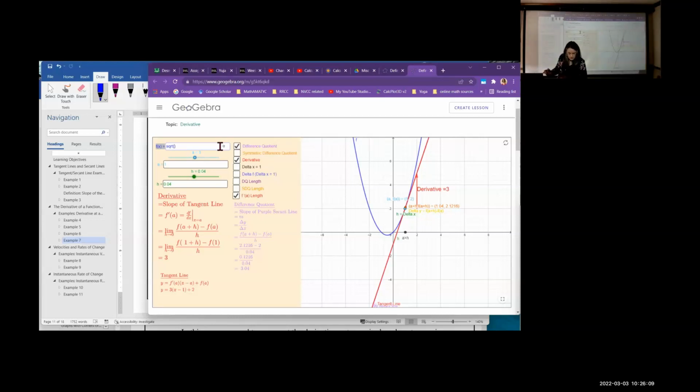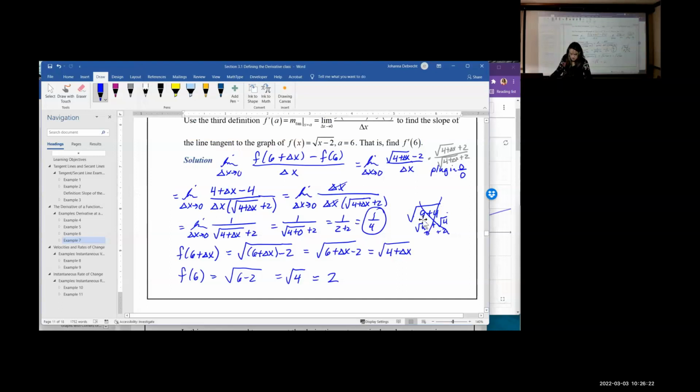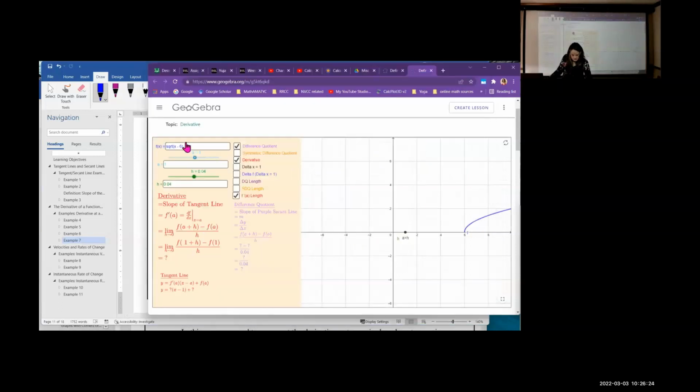Looks like it does. Square root of, what was it, x minus 6? Was it x minus 6? I don't even remember anymore. X minus 2, and a is 6.